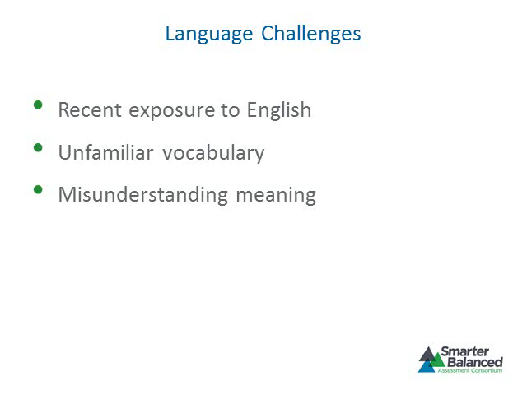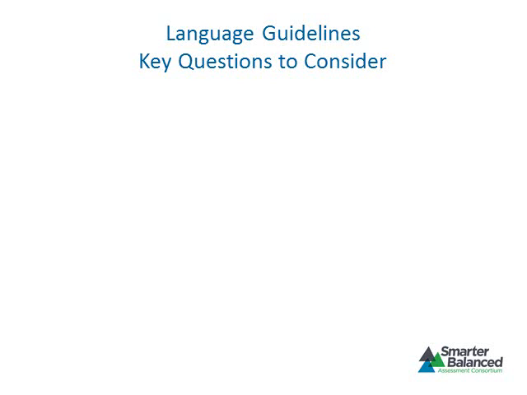To help minimize these challenges, several guidelines specific to language have been developed. There are a large number of language guidelines provided in the General Accessibility Guidelines. Here, the focus is on key issues and questions to consider during accessibility review.